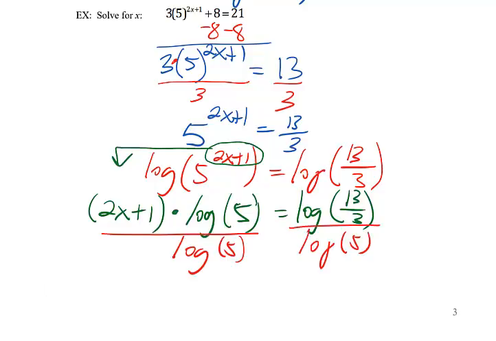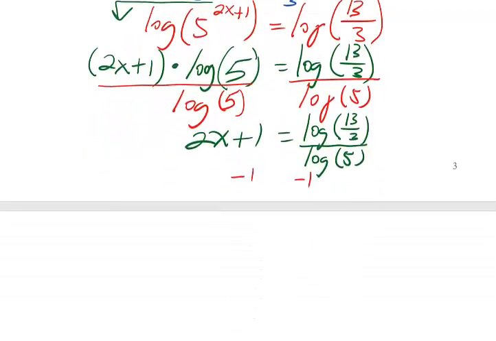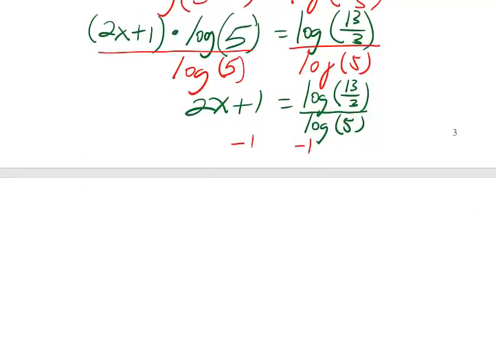And now on the left, I just have 2x plus 1, and on the right I have this division problem of the two logs. Well, I have just a couple of simple algebra steps left. In order to get this x by itself, I need to subtract 1 from both sides. That will give me on the left side simply 2x.